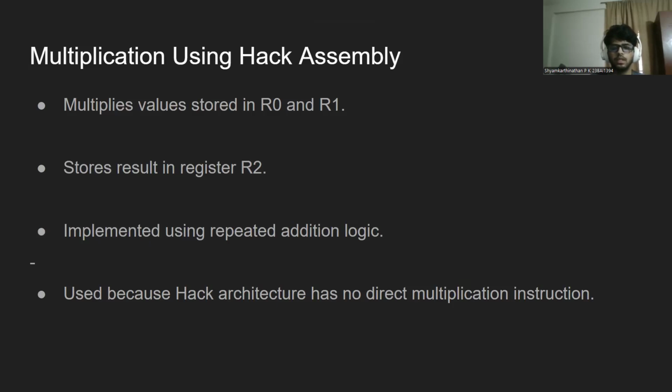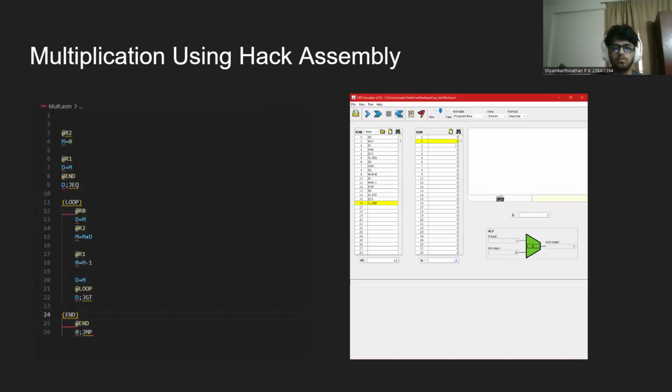The program takes input values from the registers R0 and R1, repeatedly adds the first number based on the second number of iterations, and stores the final result in register R2. As shown in the output, when values 3 and 4 are provided, the result generated in R2 is 12.